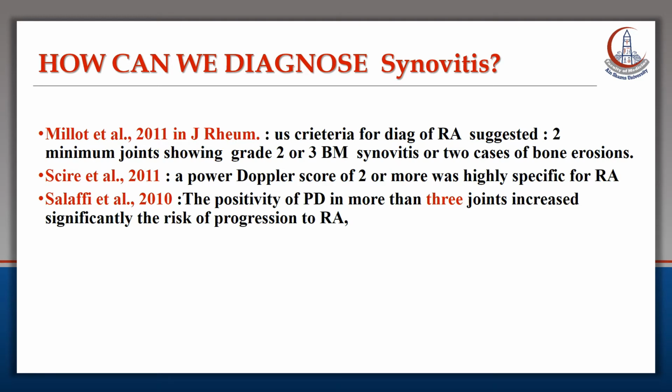Also, Salaffi et al. in 2010 stated that the positivity of power Doppler in more than 3 joints significantly increased the risk of progression to rheumatoid arthritis. Again, at least 2 joints with at least grade 2 grayscale synovitis, or more than 3 joints with at least grade 2 power Doppler synovitis, are valid for diagnosis of rheumatoid arthritis.